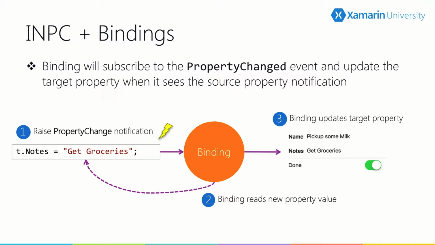And if the name of that property matches the name that is assigned to the binding, it will go ahead and retrieve the updated value from the source and update the UI. The nice thing about this feature is that you're allowed to change these properties on a thread that is not the UI thread. The binding engine will make sure that the update to the UI will happen on the UI thread. It will automatically marshal back.